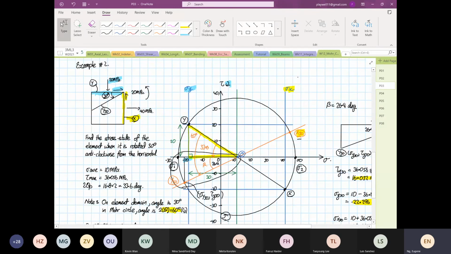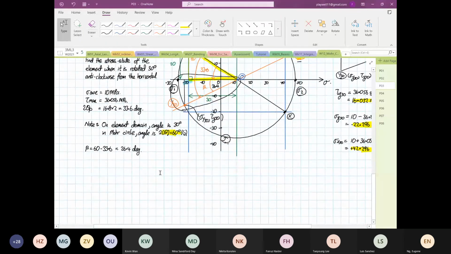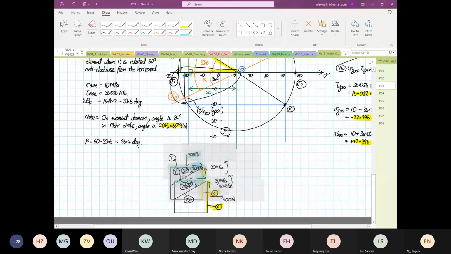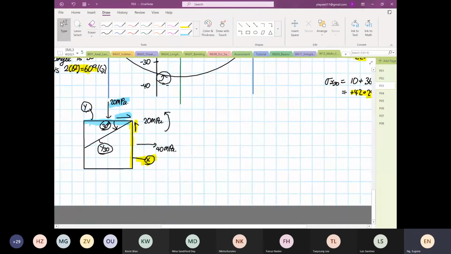Let me copy this so you can see. So this is at 0 degrees element rotation. Now we are going to rotate the element by 30 degrees.